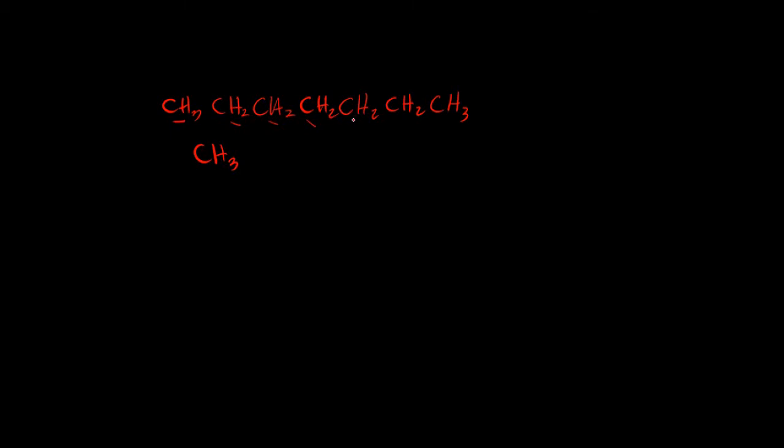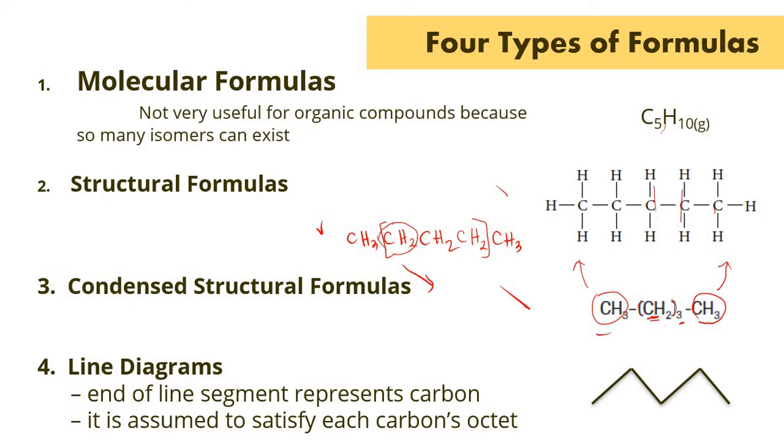You just count how many they are. So you just write CH2 in parentheses and then count how many they are: 1, 2, 3, 4, 5. So it repeats 5 times. And then you copy CH3. This is a condensed formula. This is a more condensed formula. Both are correct. Okay, then let's proceed.